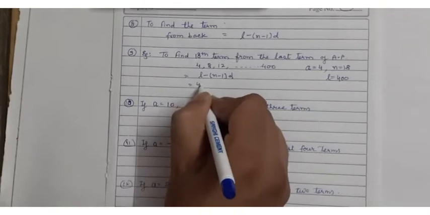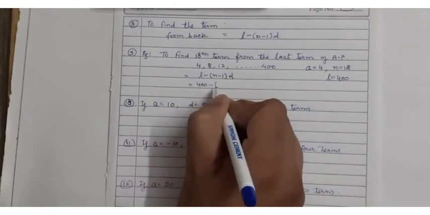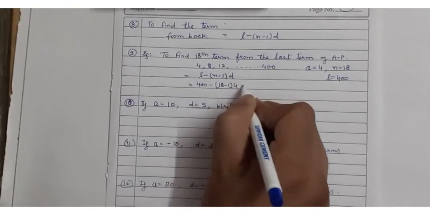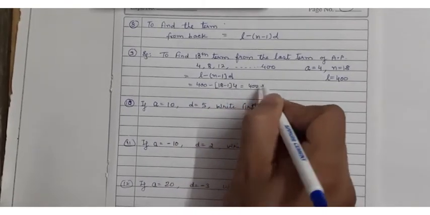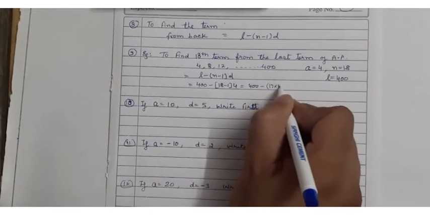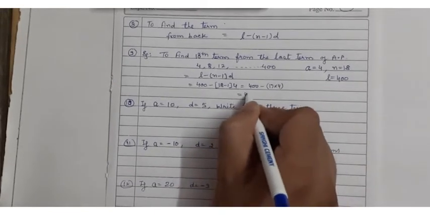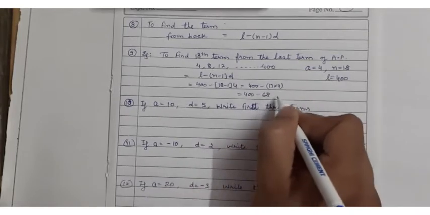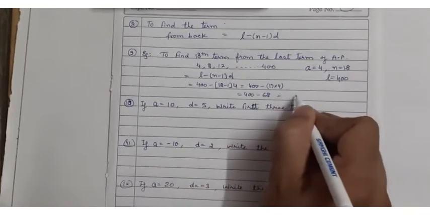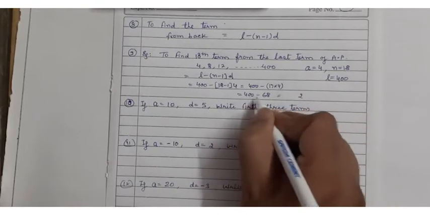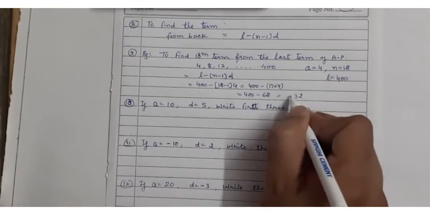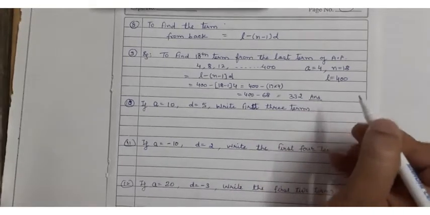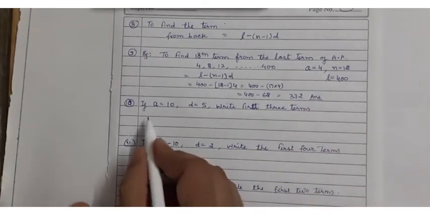So what is l? This is 400 minus. What is n? n is 18, minus 1. What is d? d is 4. So 400 minus 17 into 4. Okay, so 400 minus 68, 17 fours are 68. Now 10 minus 8 is 2, 9 minus 6 is 3, and 3 is here. 332 is your answer. Come on to the next question.